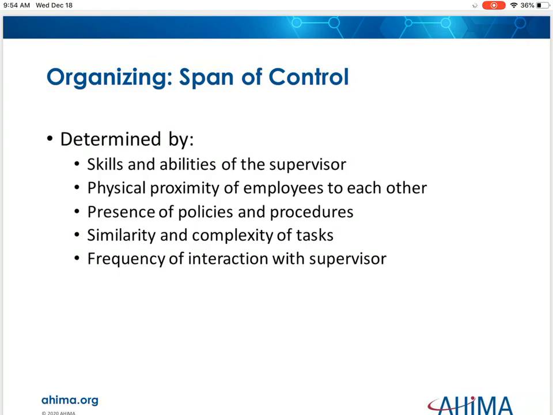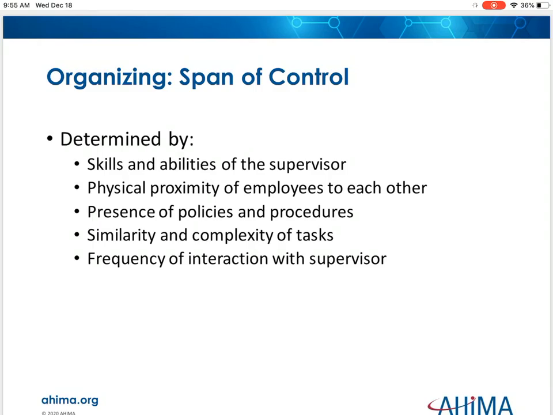But what we need to know here for span of control is, let's think about this in terms of an HIM department. So there's no ideal number of direct reports for an HIM manager, but there are factors that should be taken into consideration when determining an appropriate span of control.